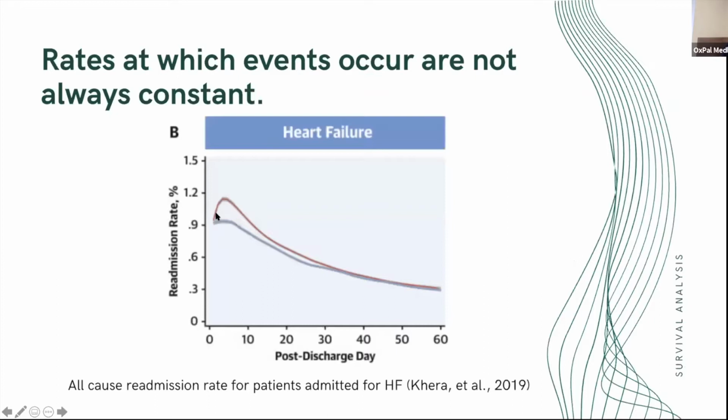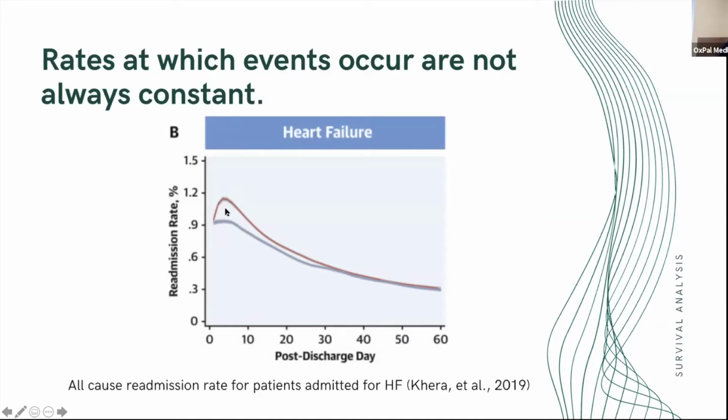And this one is looking at all-cause readmission rate for patients admitted for heart failure. These patients were admitted for heart failure and then within 10 days they had the highest risk of being readmitted. And then that rate decreases as you go further away from the day of discharge.